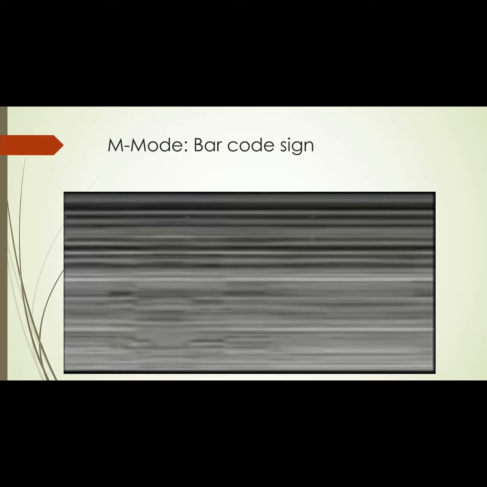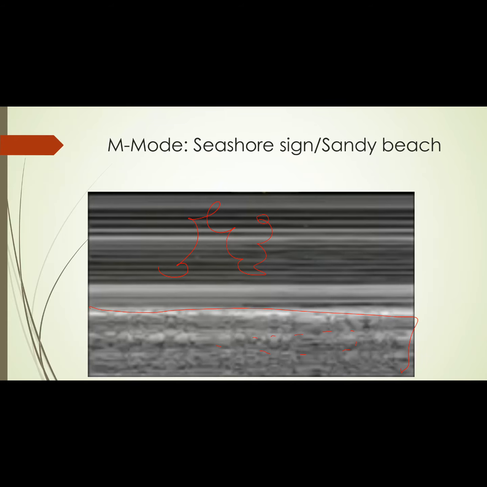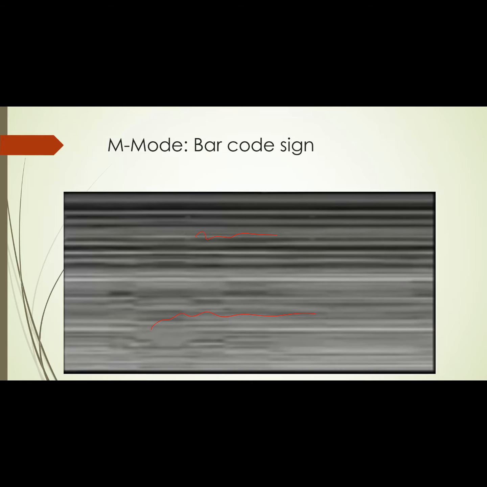You can rule out a pneumothorax with seeing the pleural sliding, but you can't diagnose it unless you find a lung point. So this looks like a barcode sign. Again, this is chest wall, this is lung, and there's no seashore pattern. Going back to here, you can see the difference between what looks like a sandy beach versus a stratosphere or a barcode.